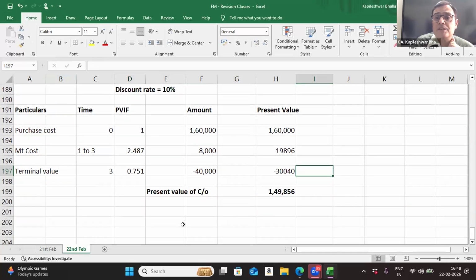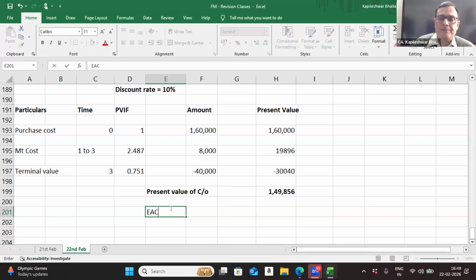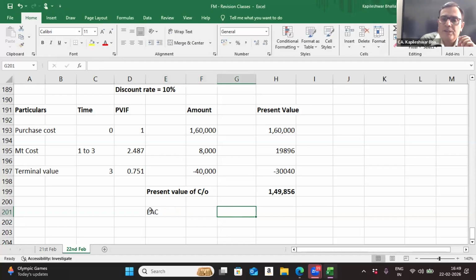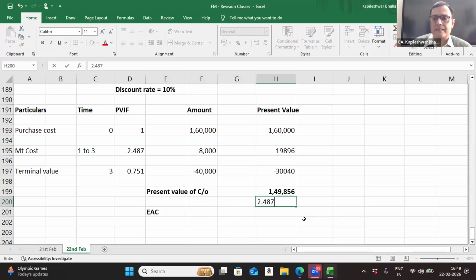Now tell me, what am I supposed to do? Once you've calculated the present value of cash outflow, since you need to compare a 3 years and a 4 years replacement, what am I supposed to do? Convert this in terms of equivalent annual cost, correct? And for this, you need to divide it by what? The PVIFA, that's right. So let's divide this by the PVIFA, 2.487.